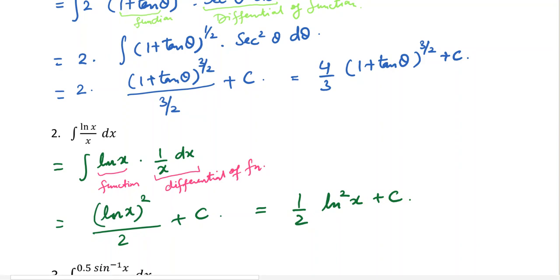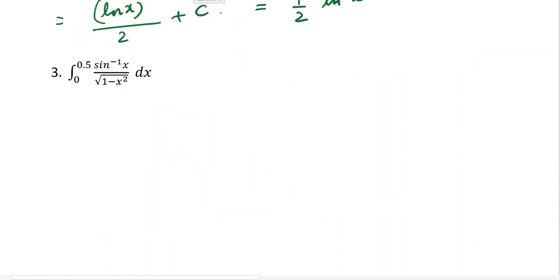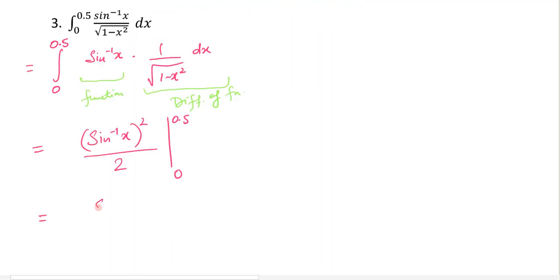Let's take a look at the next problem. Upper limit minus lower limit. So plug in the limit. So we get sine inverse 0.5 square of that divided by 2, minus 0 square over 2, which is just 0.